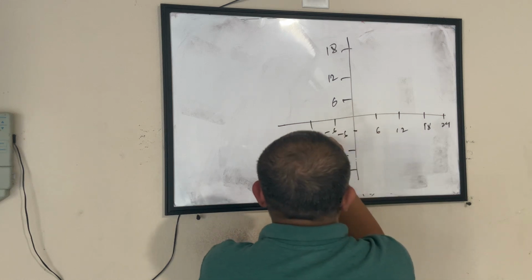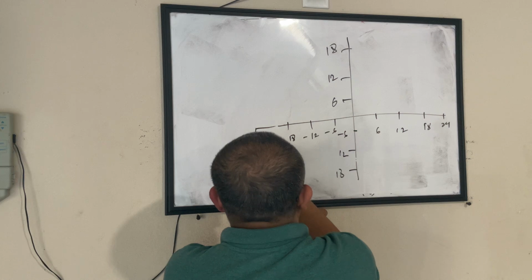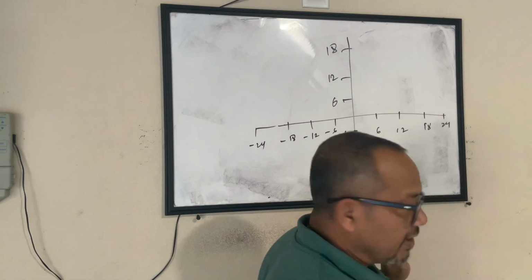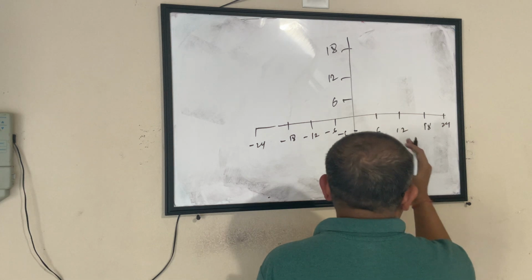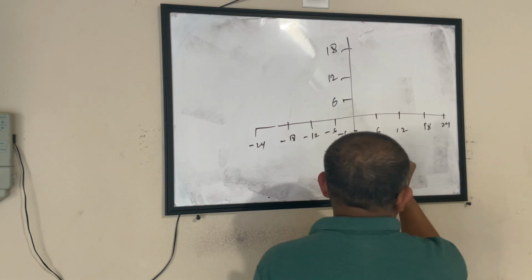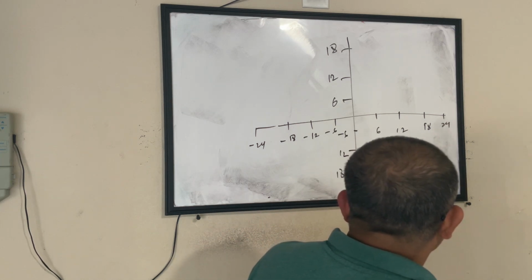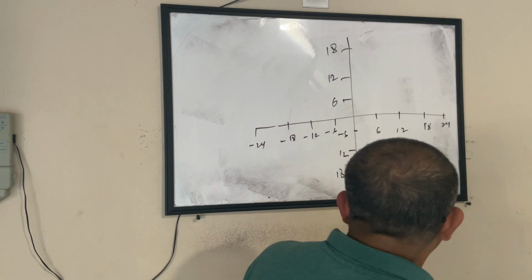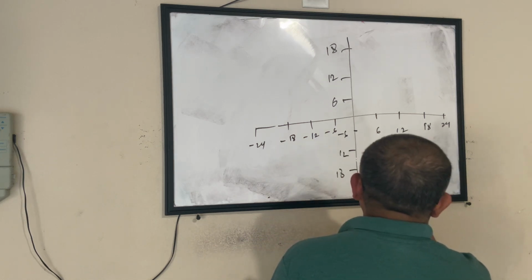Minus 6, minus 12, minus 18, minus 24. Okay. So I've got 2 points which says 6 and minus 12. So this is my first point. And second point says 12 and minus 18. So this is my second point.